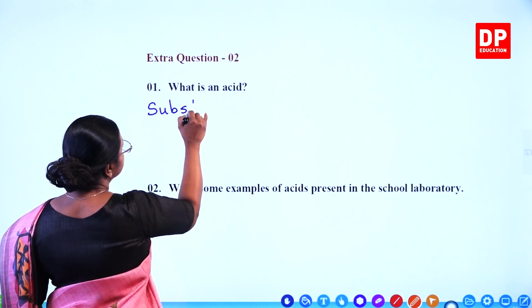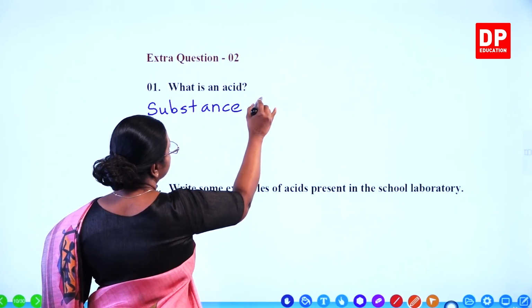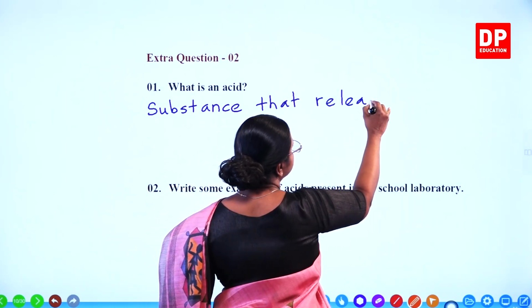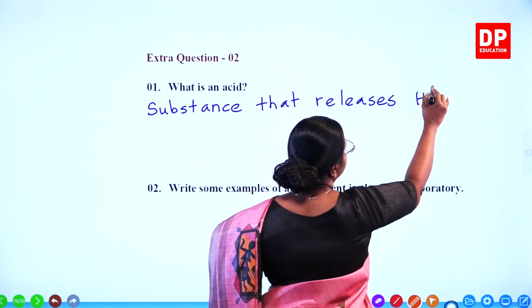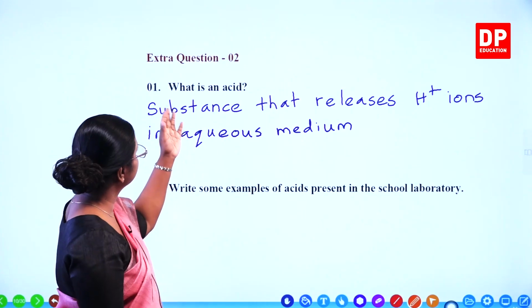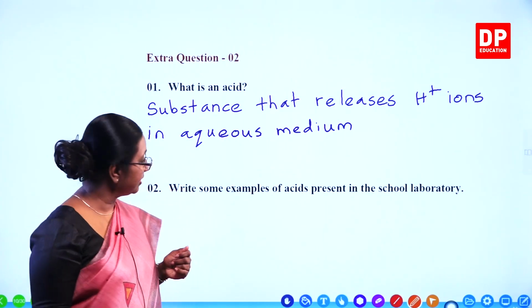Substance that releases H plus ions in aqueous medium. So, substance that releases H plus ions in aqueous medium is an acid. So, what is an acid? If you write this, it's fine.